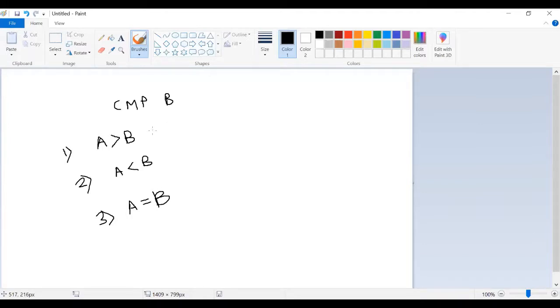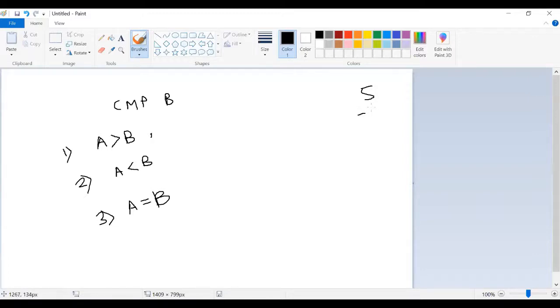According to the first condition, if A is greater than B, that means there will be no carry. If A is greater than B, the accumulator content is larger than the B register. Compare is actually one type of subtraction.